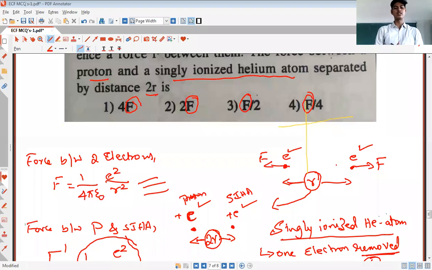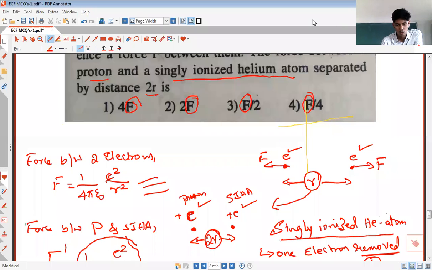What happened to the distance? Distance has increased. If distance has increased, the force must automatically decrease because the force between two charged particles is inversely proportional to the square of the distance. When distance increases, the force must compulsorily decrease.